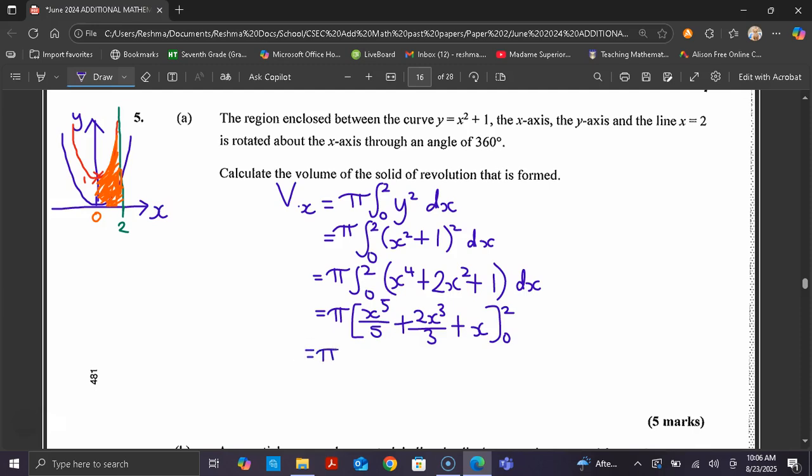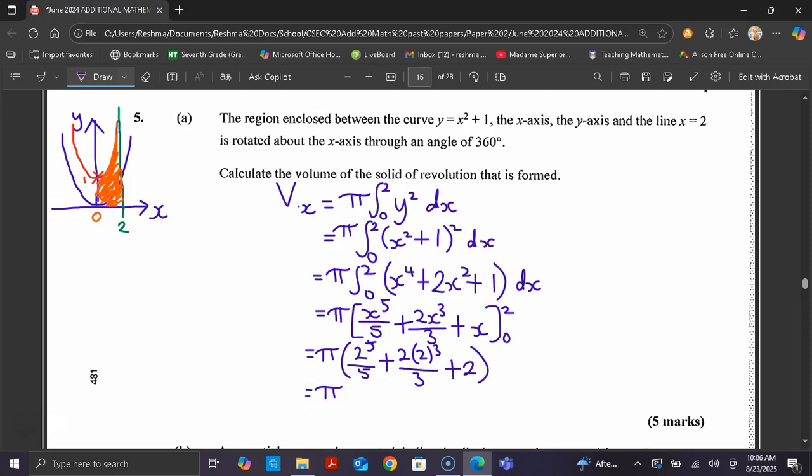So of course, if we substitute 2 first, our upper limit, we would have 2 to the power of 5 over 5 plus 2 by 2 cubed over 3 plus 2. Now, you notice if we substitute the lower limit 0 into the expression, we would just end up with 0.